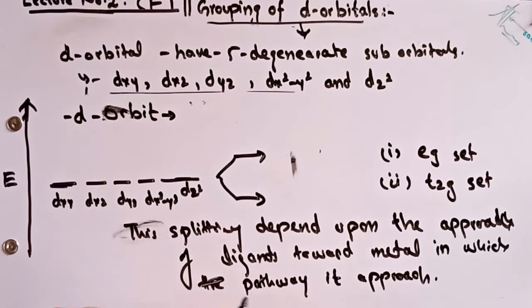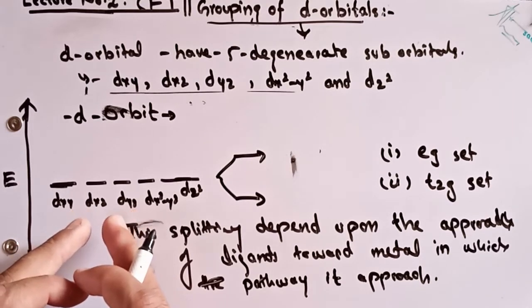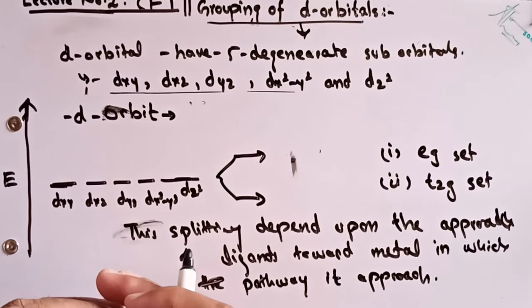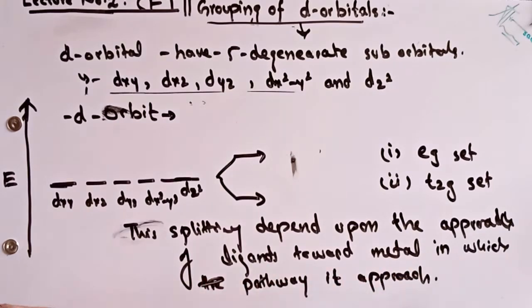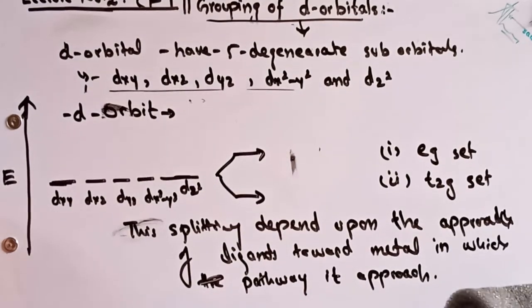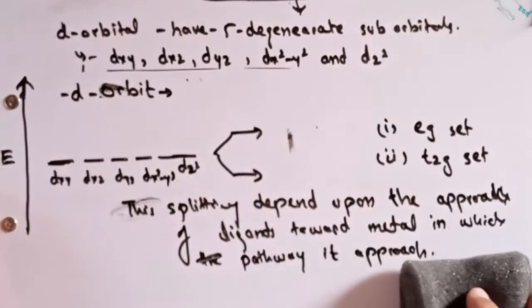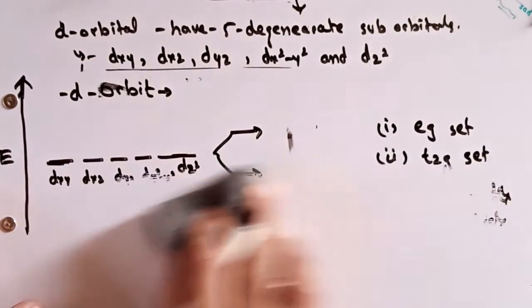When the ligand approaches the central metal, some of the degenerate orbitals in the d orbital will have their energy decreased, and some will have their energy increased, because it depends upon the ligand's approach toward the central metal. We will discuss why, and which orbitals have increased energy and which have decreased.